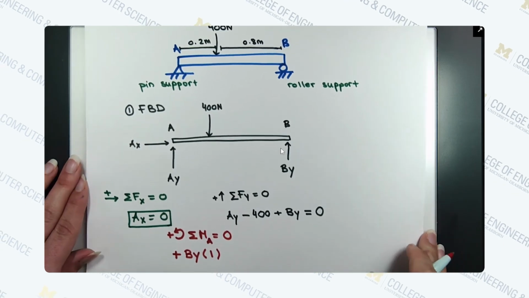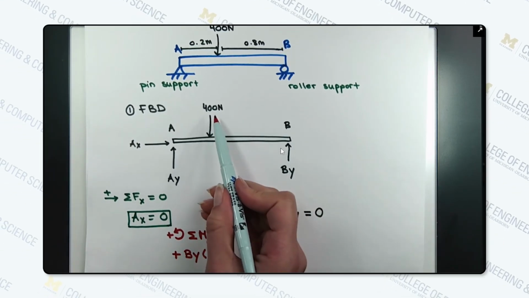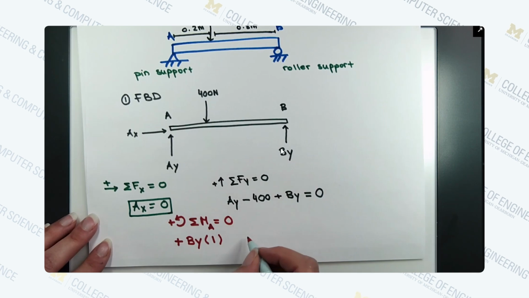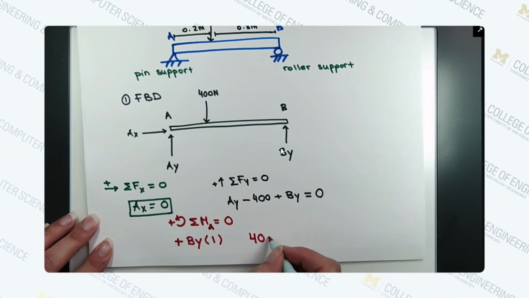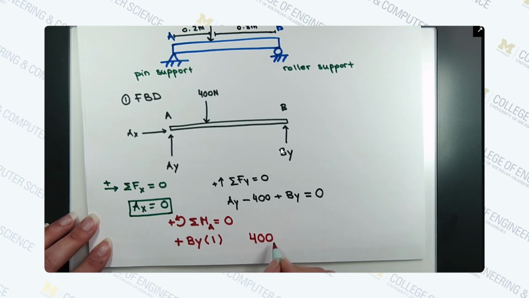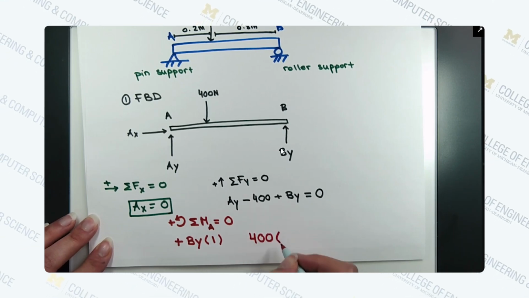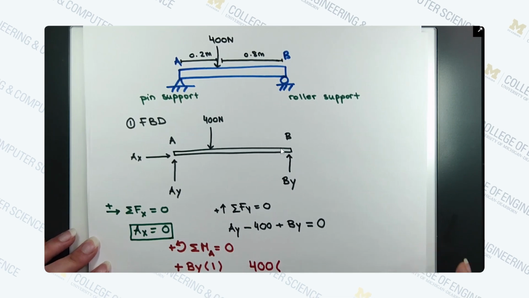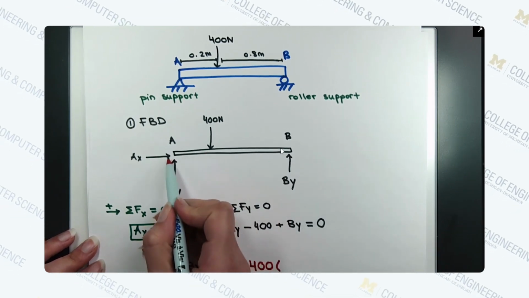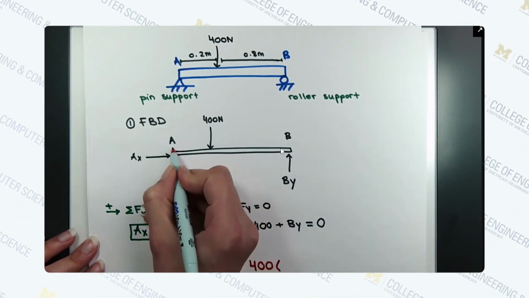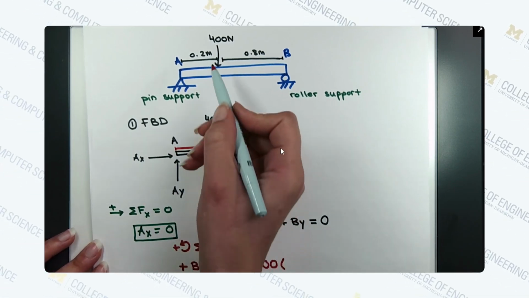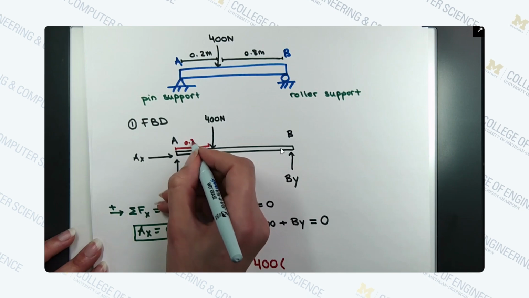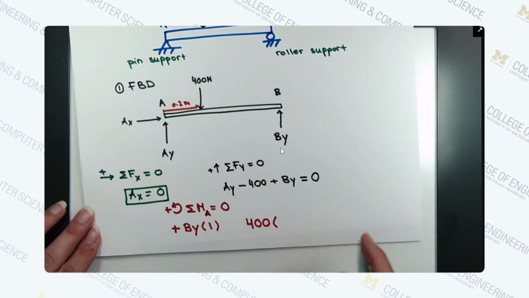Let's move on to the next force we have, 400 newtons. Let's start off, before putting the sign, by calculating the value. So it's 400 times the perpendicular distance between the force and our point. So again, this distance, how much is that? It is given to be 0.2 meters.